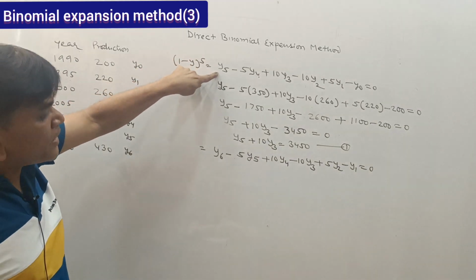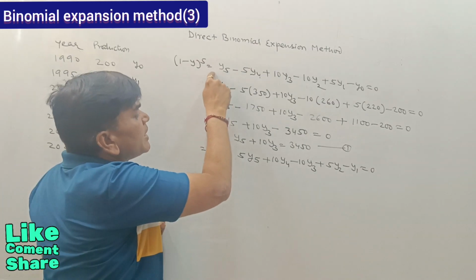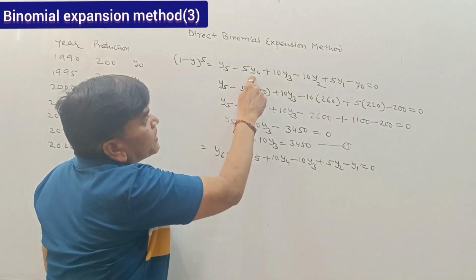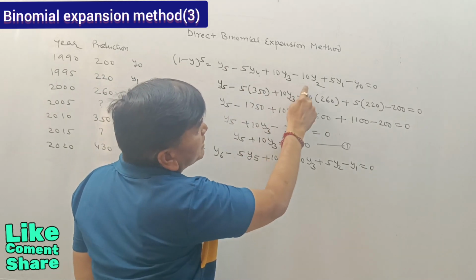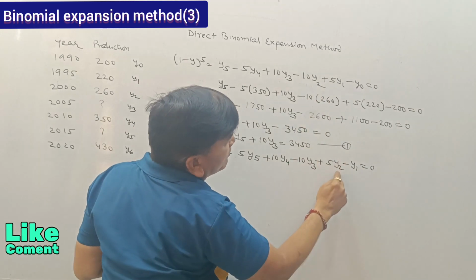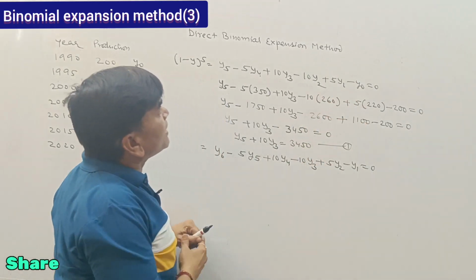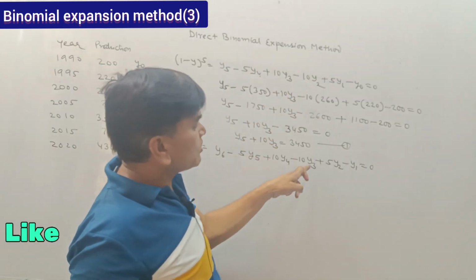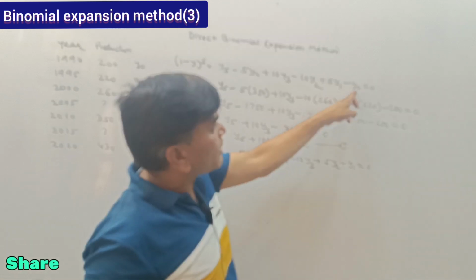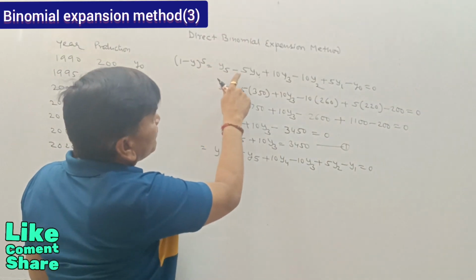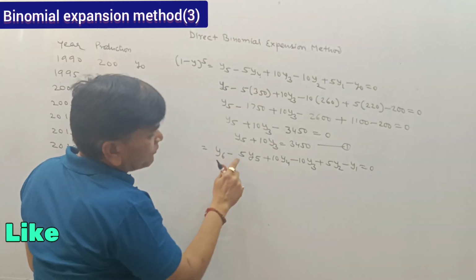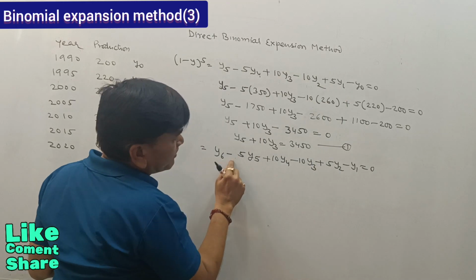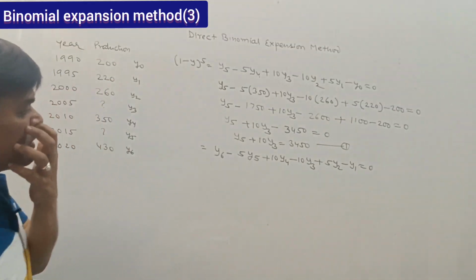So we will have the same equation, only we will increase the index: y6 at the place of y5, y5 at the place of y4, y4 at the place of y3, y3 at the place of y2, y2 at the place of y1 and y1 at the place of y0. The coefficients 1 5 10 10 5 1, with signs plus minus plus minus, are as they are, there is no change.